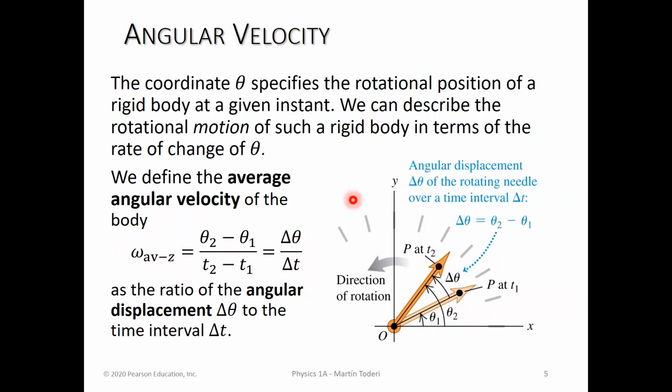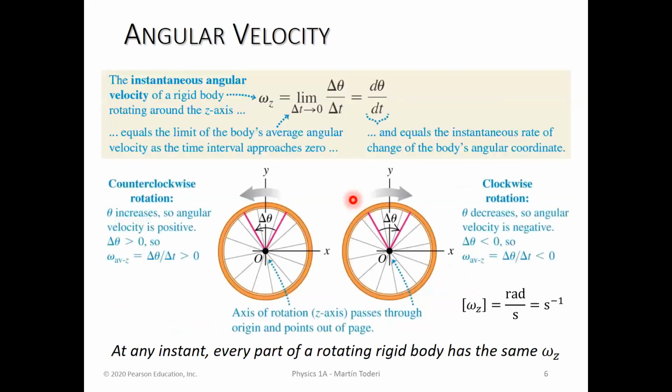So in the same way that we did before, we can take the limit of that. So if we take the limit of the time interval going to 0, meaning that we get a very, very small instant, we go to a differential instant, and then we get this d theta dt.